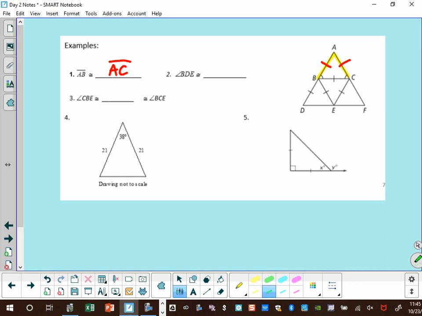Let's look at angle BDE. This green angle here. BDE is also congruent to what? ECB? Okay, you see how BDE only has one hash mark on it, right?